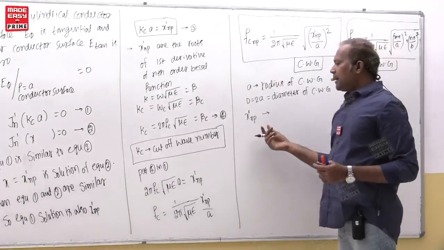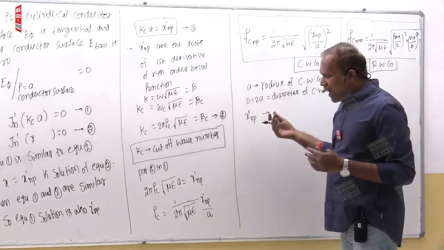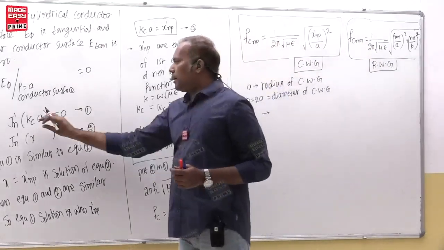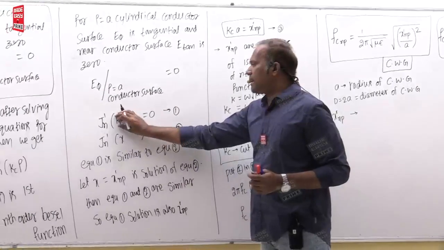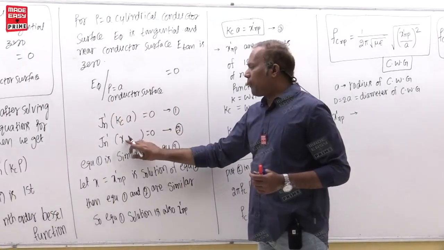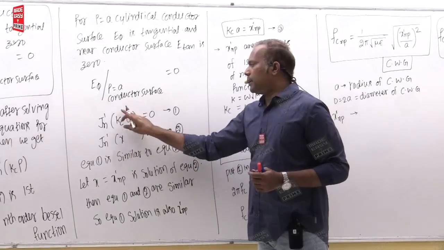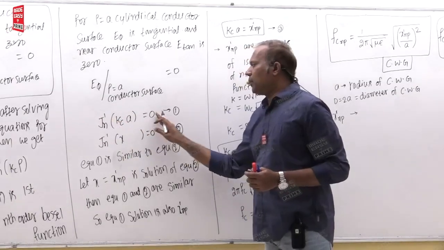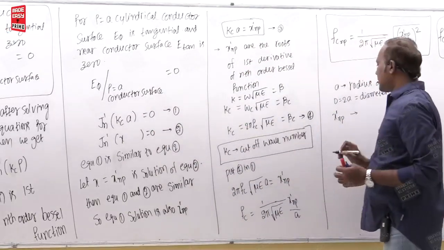So that means for which values, here if you take this as x and p x, then for which values this first derivative of the nth order Bessel function becomes 0, and those values are this one, x and p dash.